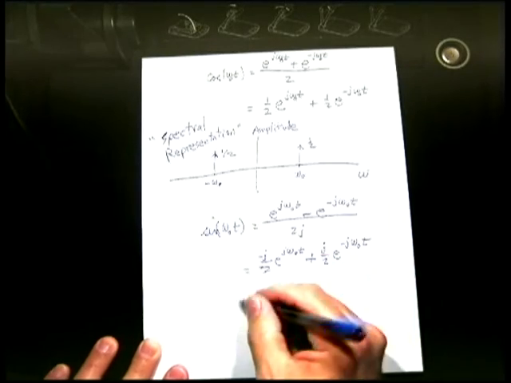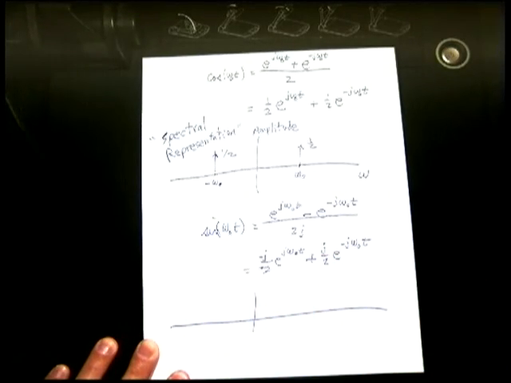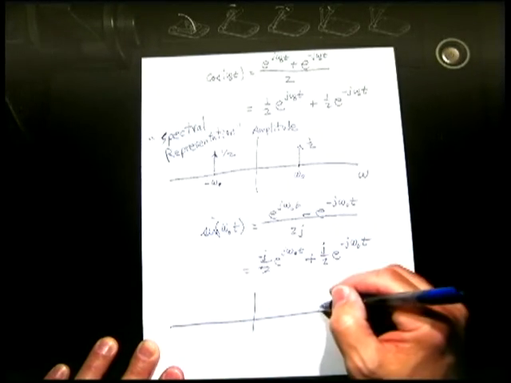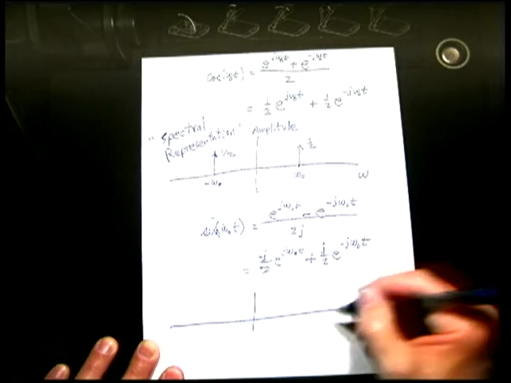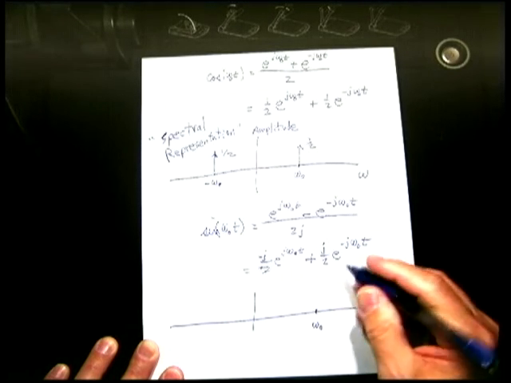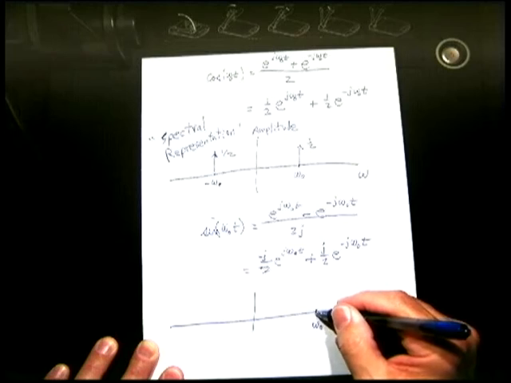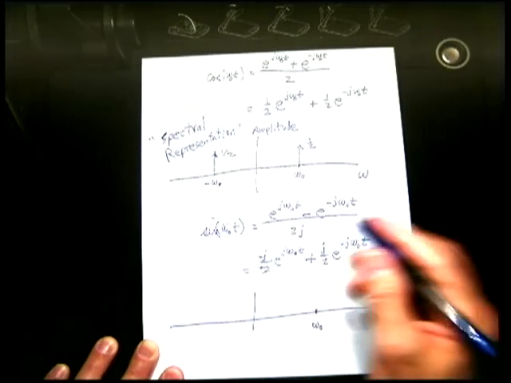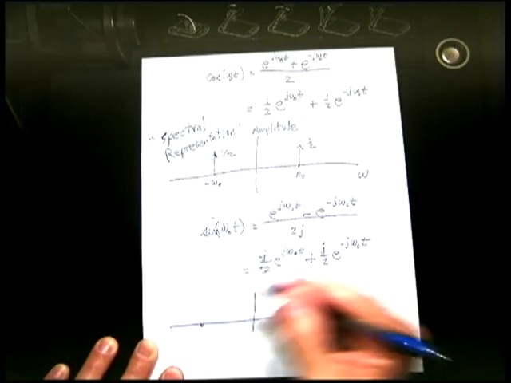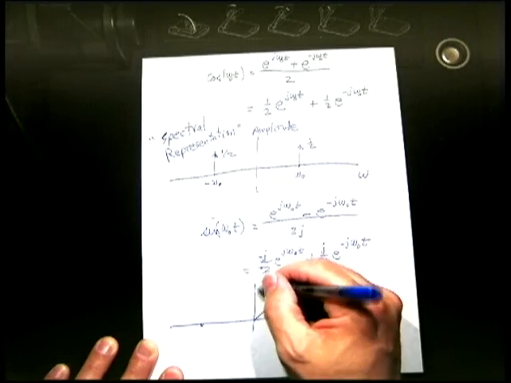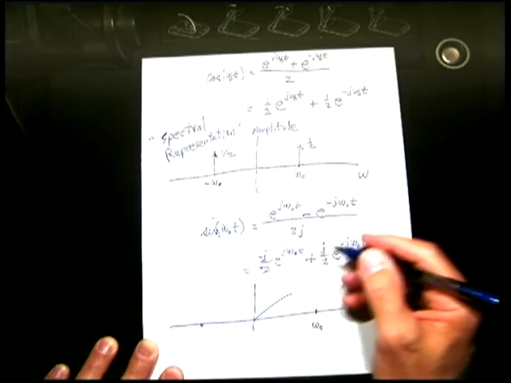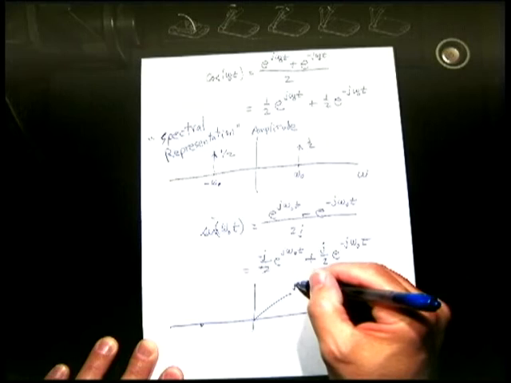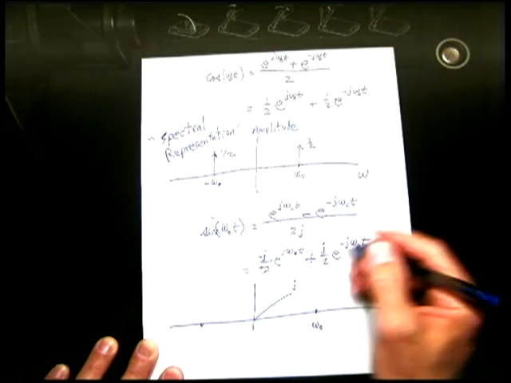So the amplitude here, if we plot it, we have to decide how we want to plot it. And what I was suggesting earlier is that we use the orthogonal plane for complex parts. So this would be the j direction, let's say.